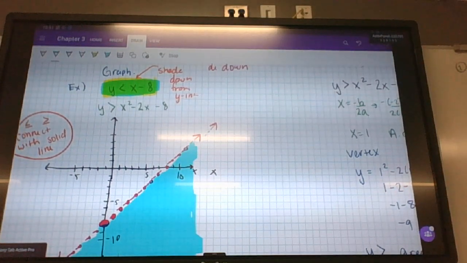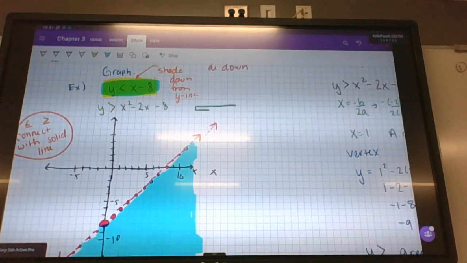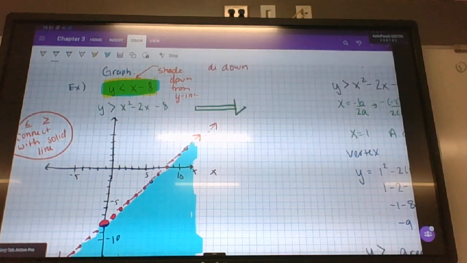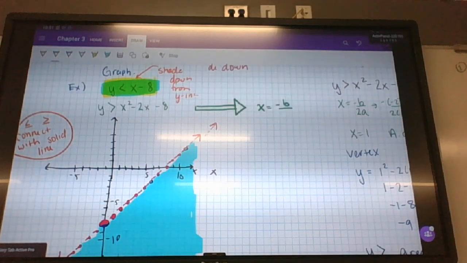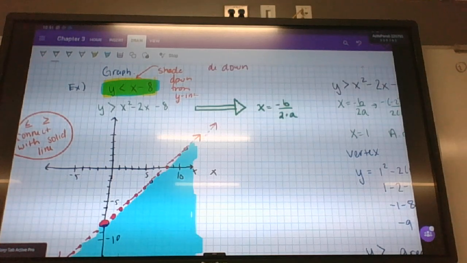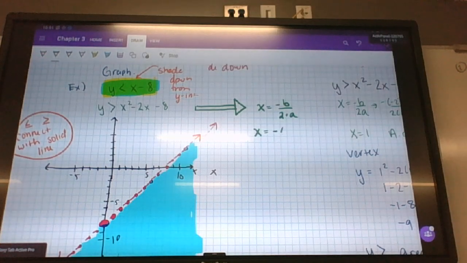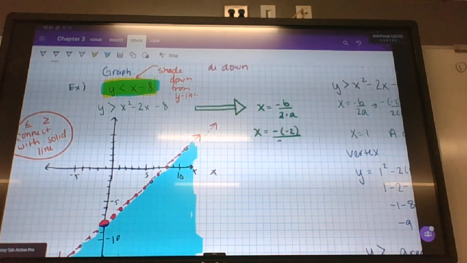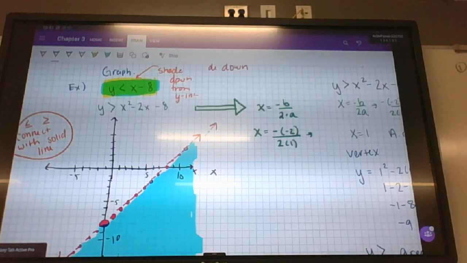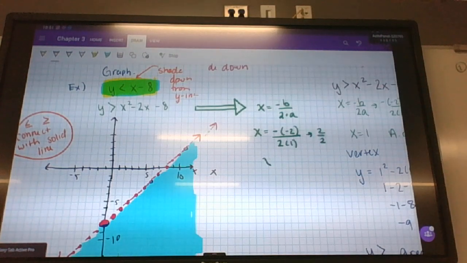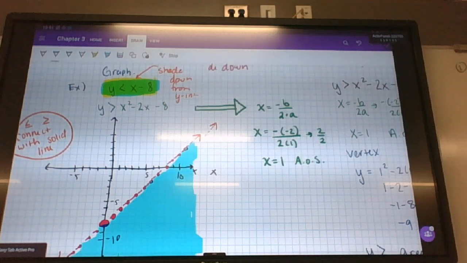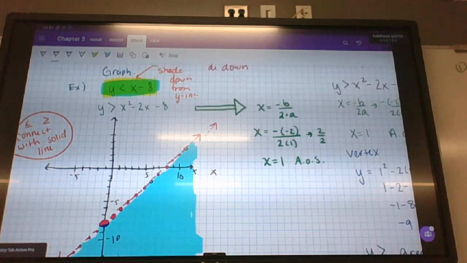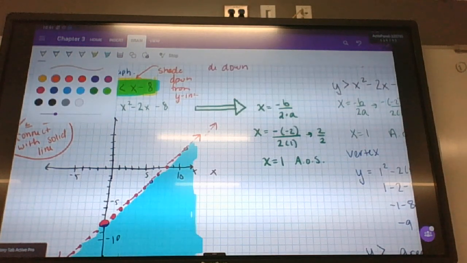So now I'm doing the parabola. For the parabola, I start with negative b over 2a. And I got the axis of symmetry, the positive one.